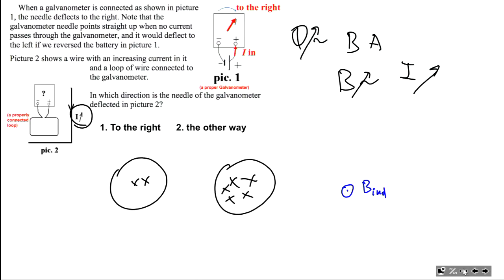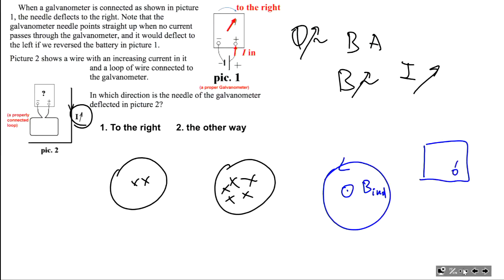Now we can again say, okay, if the induced magnetic field points out of the screen, the induced electric current should travel like this. And if I imagine myself looking down, I can say these words: counterclockwise. Now I'm going back to my picture. Okay, this is my galvanometer.